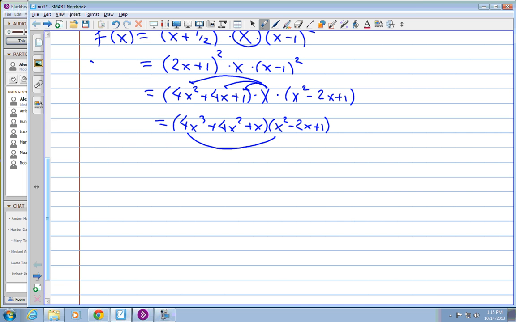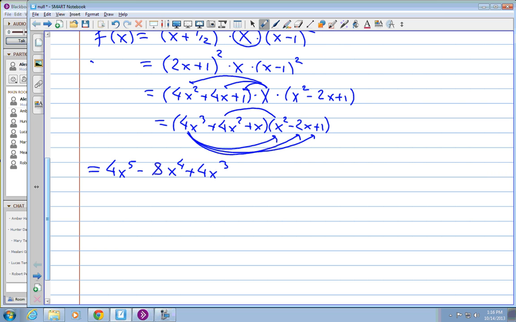So 4x cubed times x squared is 4x to the 5th. 4x cubed times negative 2x is negative 8x to the 4th, and then plus 4x cubed. Is that okay? I'm just distributing.